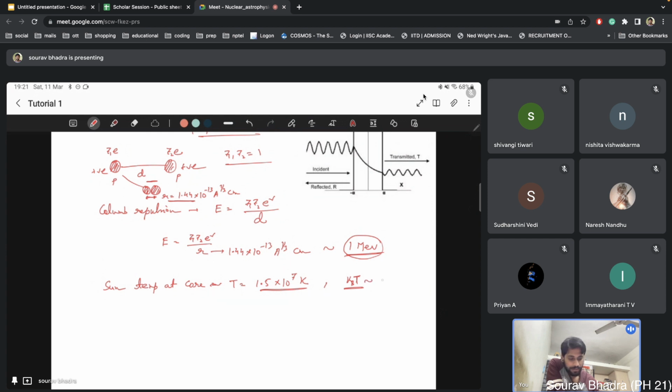If you calculate, just put the Boltzmann constant value and T as 1.5 times 10 to the power 7 Kelvin, that will give you 10 to the power minus 3 MeV.